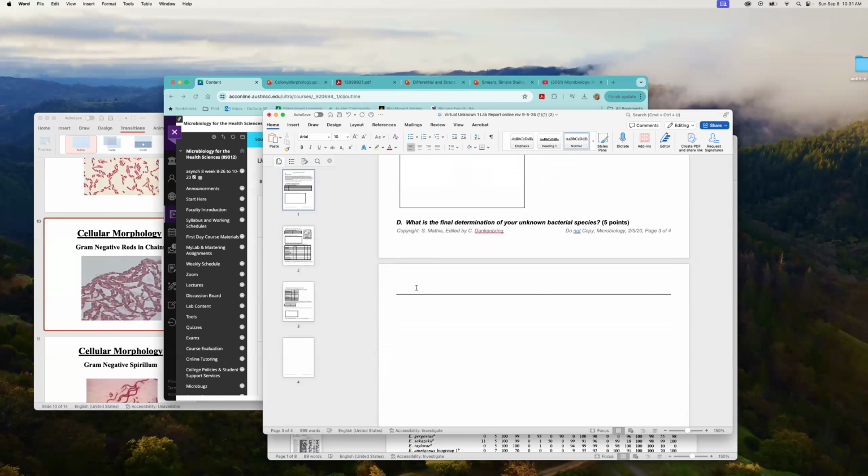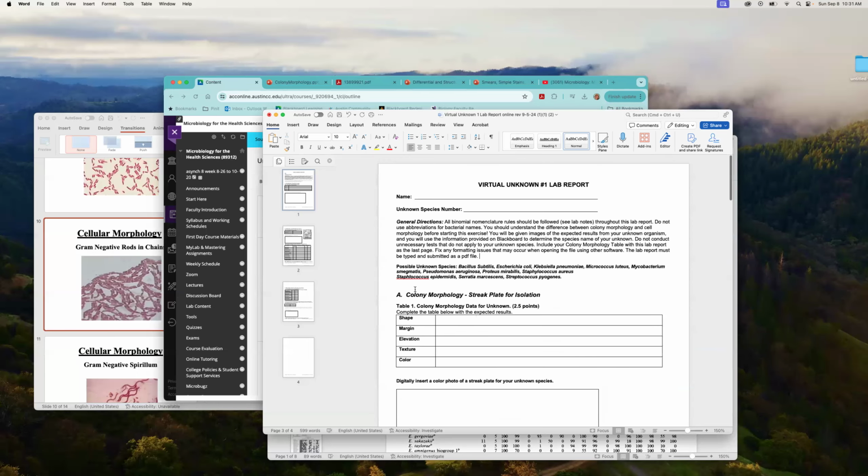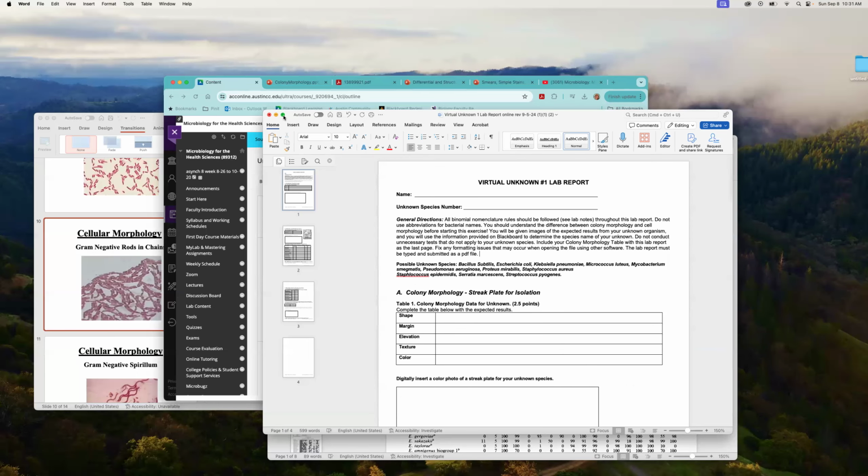So you would put your unknown species name here. Remember to use binomial nomenclature, capitalizing the first letter of the genus with everything else in lowercase, and then have the entire thing in italics. So that's how you would go through filling out the report.